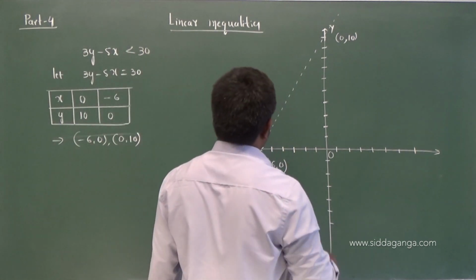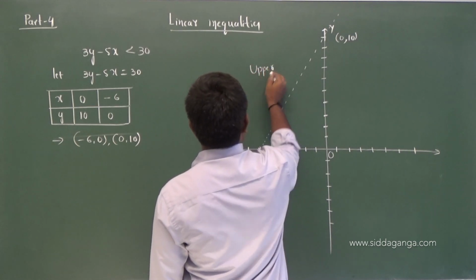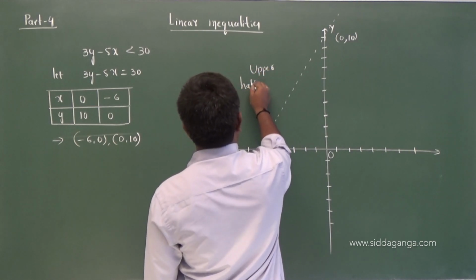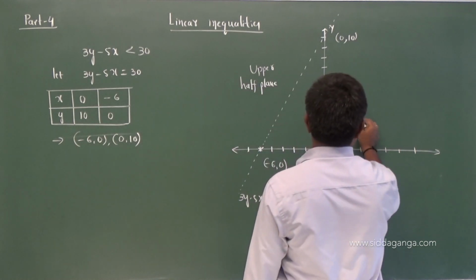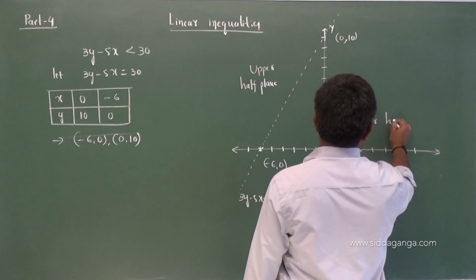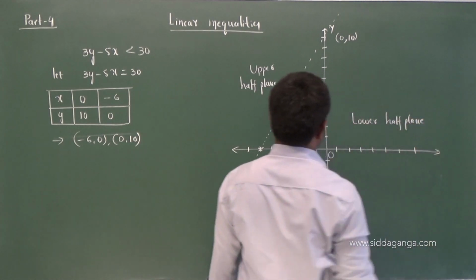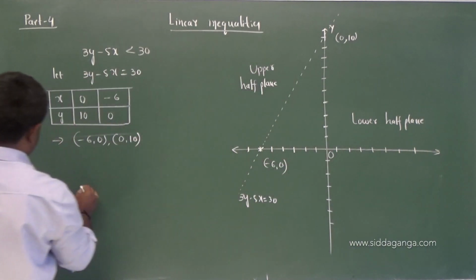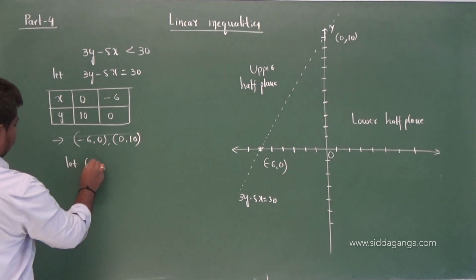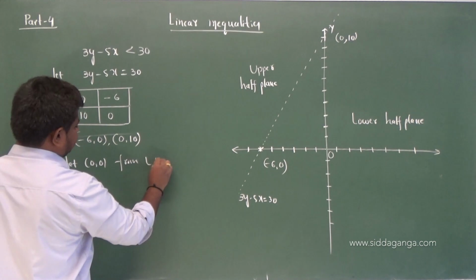So, this divides a plane into two parts, upper half plane and lower half plane. Now take any point from any plane. Let us take (0, 0) from the lower half plane.